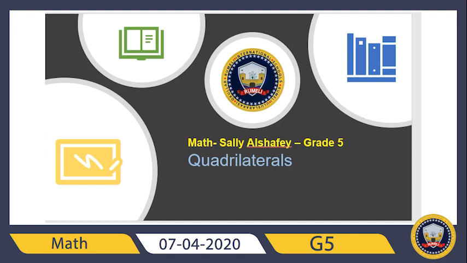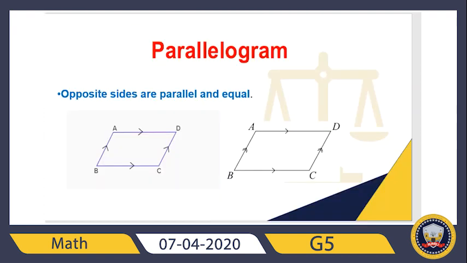The first son we took yesterday is the parallelogram, and each son of the quadrilateral has some features, some specifications, some properties that differentiate this son from the other son.